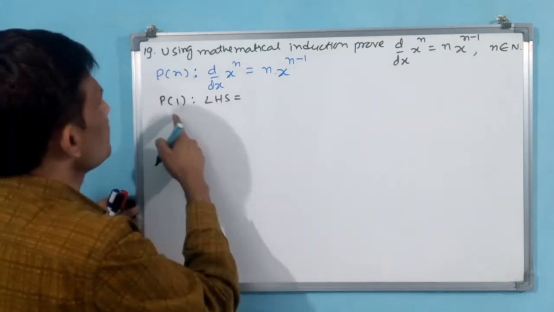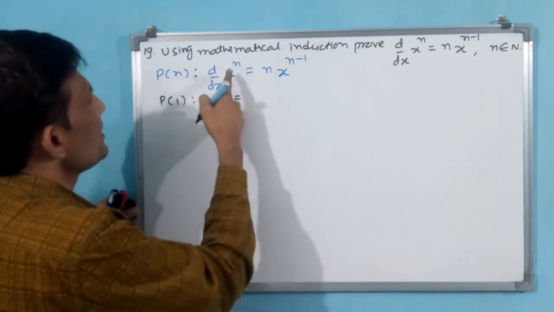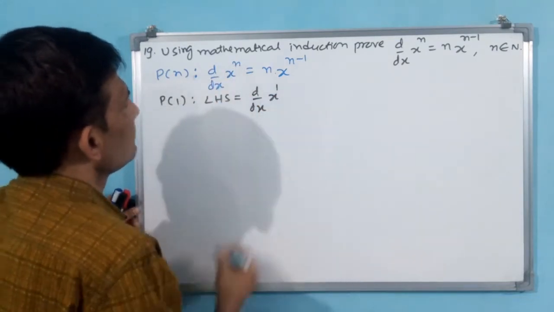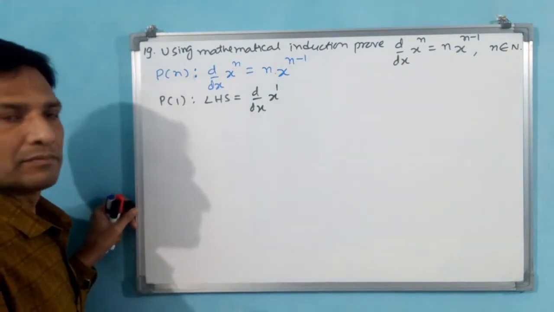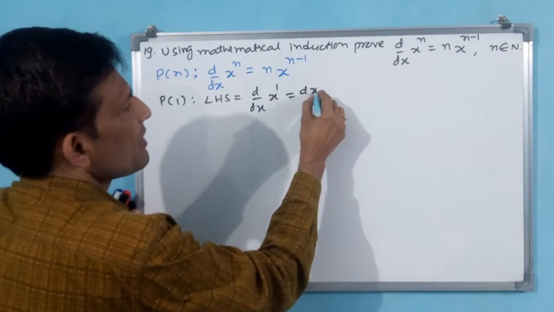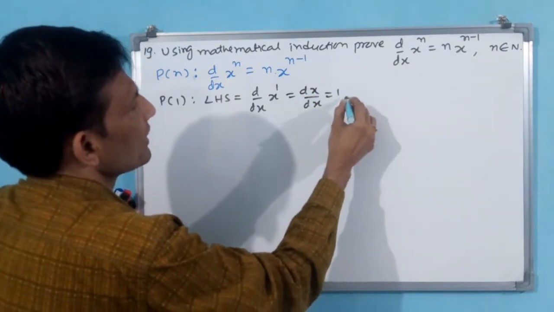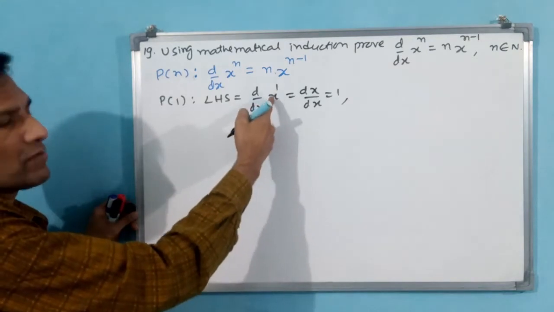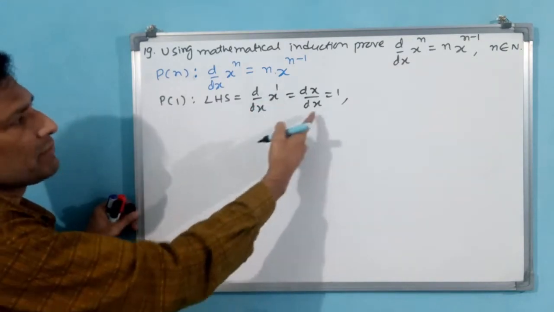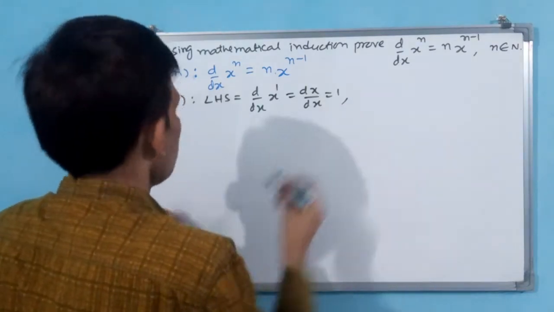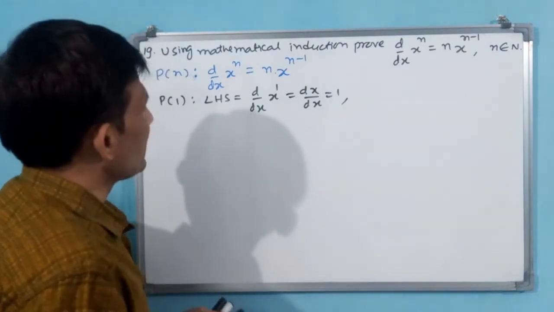LHS means n is 1. d by dx x power 1, that is equal to dx by dx, that is equal to 1. d by dx x power 1 means x only. dx by dx is equal to 1, that's all. This is LHS. Write RHS also. See how I am writing RHS.